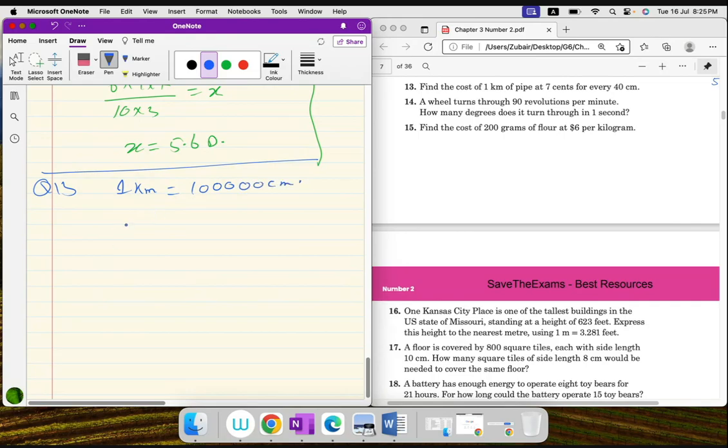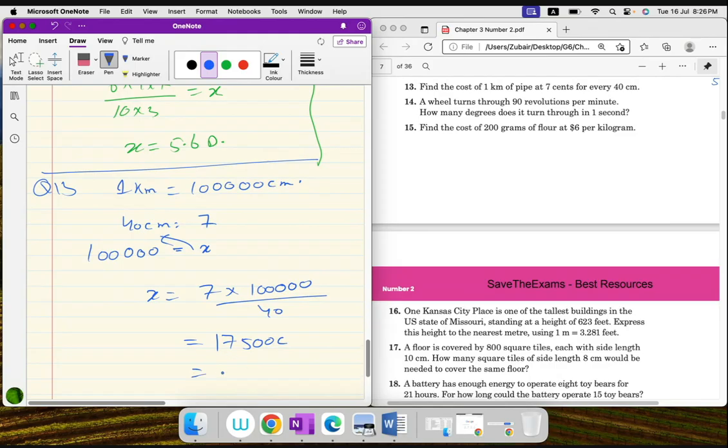So we know 40 centimeters cost 7 cents, so 100,000 will cost x cents. This is 17500 cents, $175.